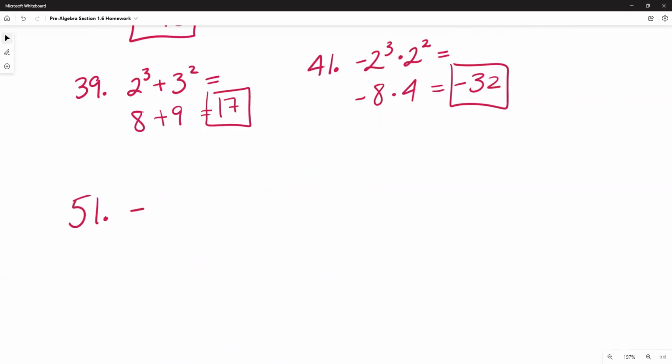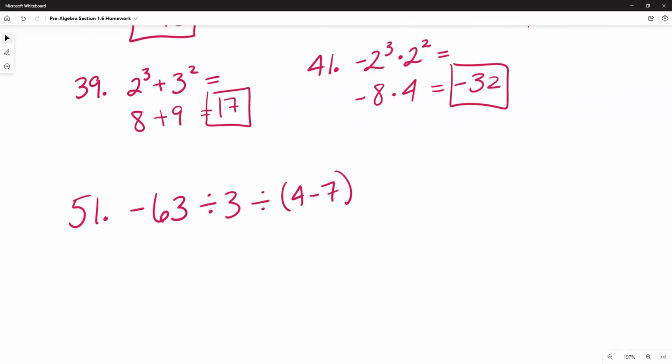Okay, so 51, -63 divided by 3 divided by 4 minus 7. Right, Julian. Yeah, right after you get it written down, let me know what you want to do.